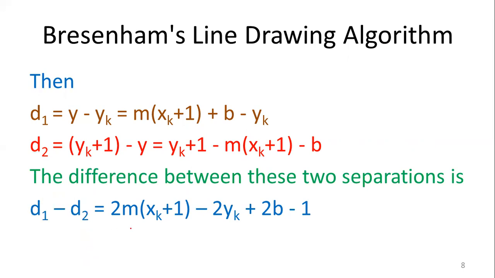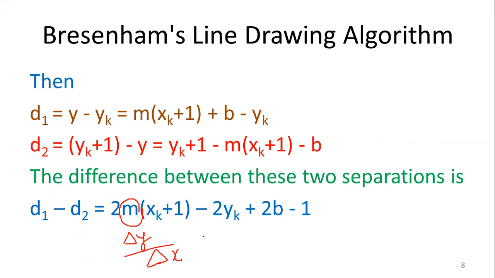Now there is one problem. d1 minus d2 is a decision parameter actually, but there's one problem. Here we know that the value of m is delta y by delta x. So in the computation of d1 minus d2, there is a division occurring here. There's a chance for delta y by delta x to be a decimal number or a floating point number.